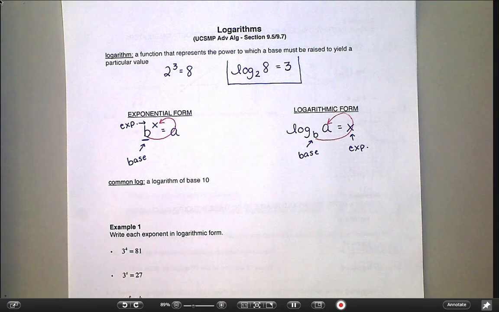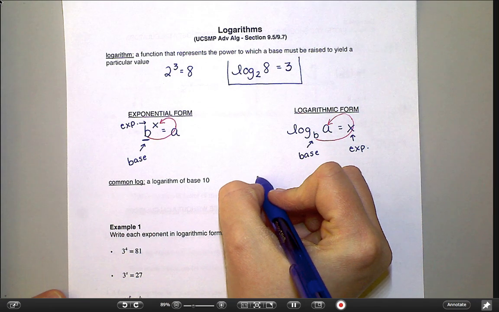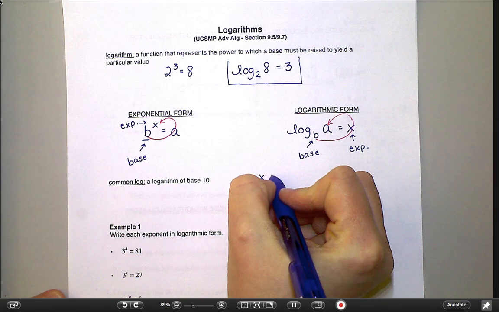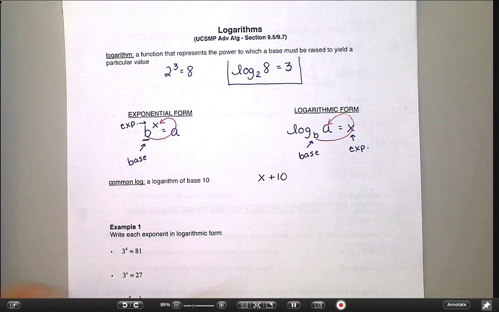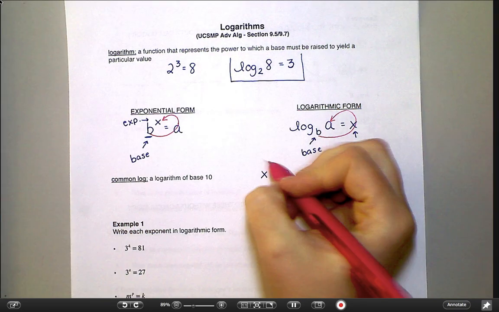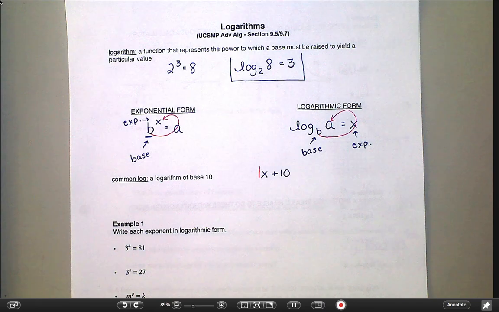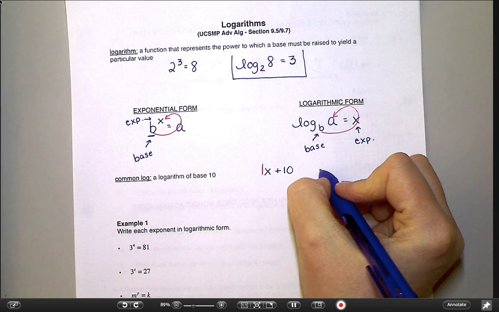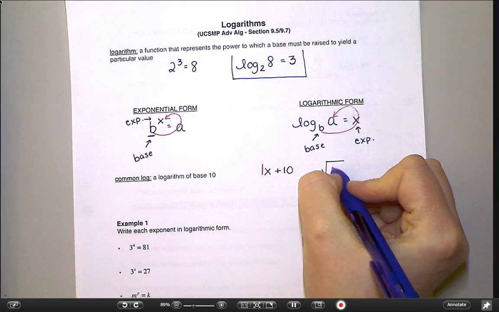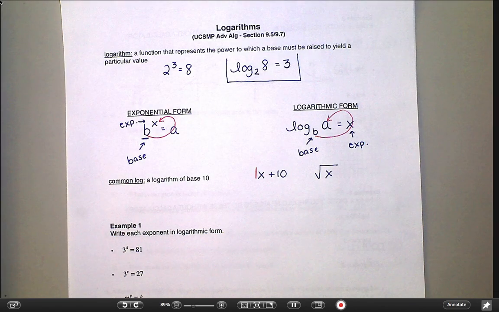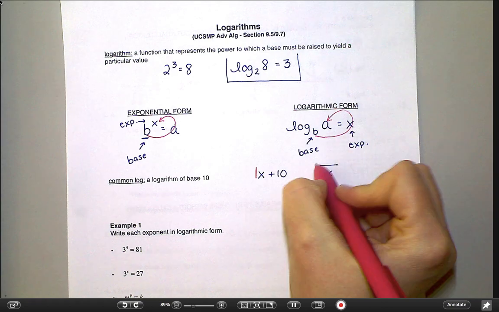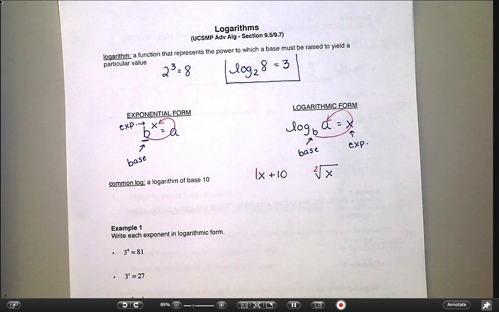But just to give you some context here, and I don't know that you should take the time to write this down, you remember how, if I write x plus 10 like that, we assume that this is a 1, right? If we don't write it, we assume that there's a 1 there. Or similarly, if I write the square root of something and I don't put a number up here, we assume that it's a 2, like a square root.